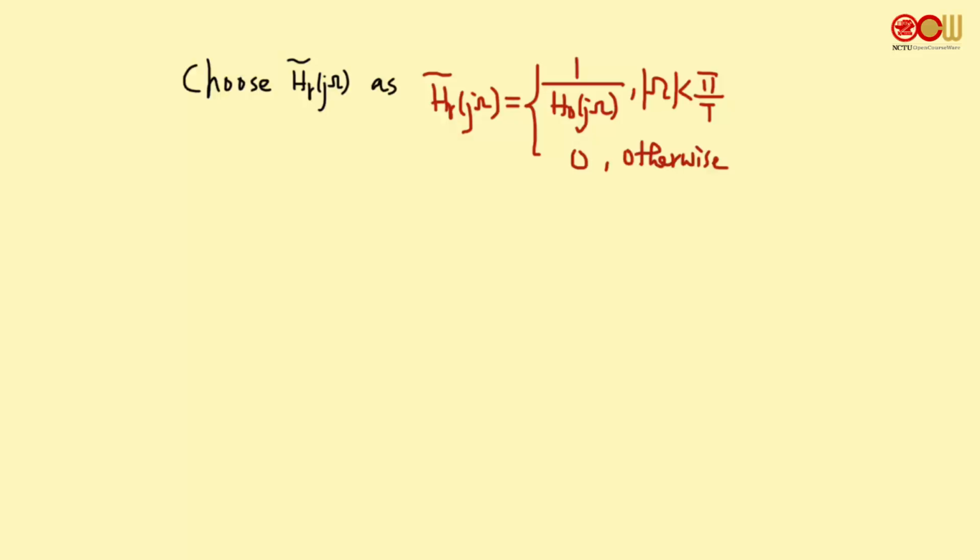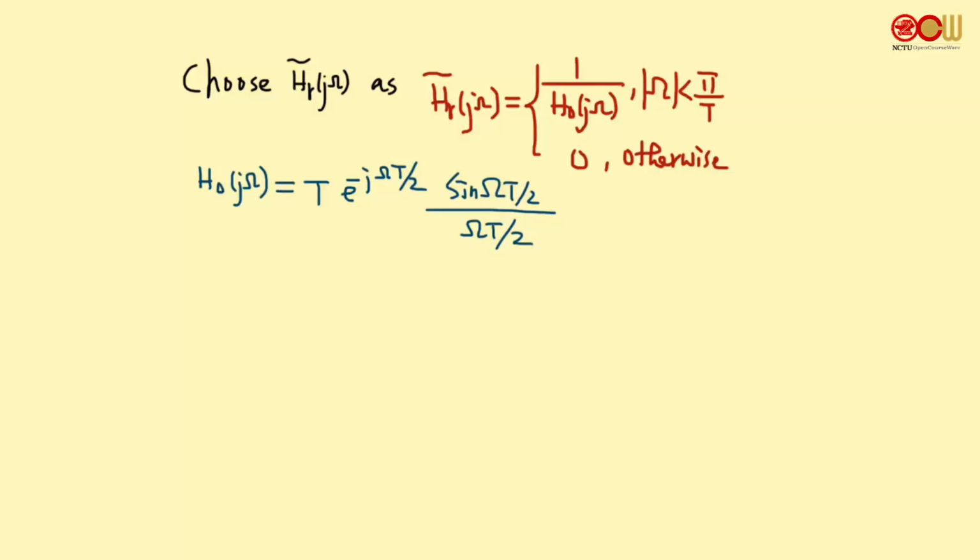We know H0 is the rectangular pulse, right? And its Fourier transform can be derived. Its Fourier transform is equal to e to the minus j omega t over 2 times sine of omega t over 2 over omega over 2.